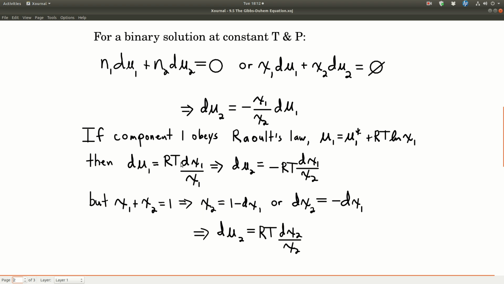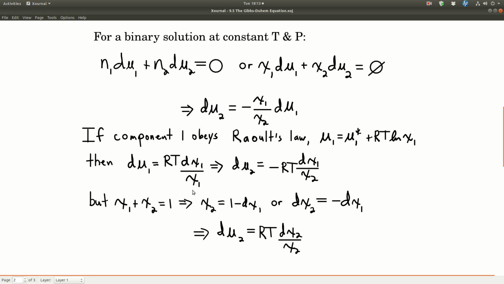If we substitute d mu sub 1 in the Gibbs-Duhem equation by what we just got, it works out like this. Notice that the mole fractions of 1 cancel. We get d mu sub 2 equals negative RT d chi-1 over chi-2.